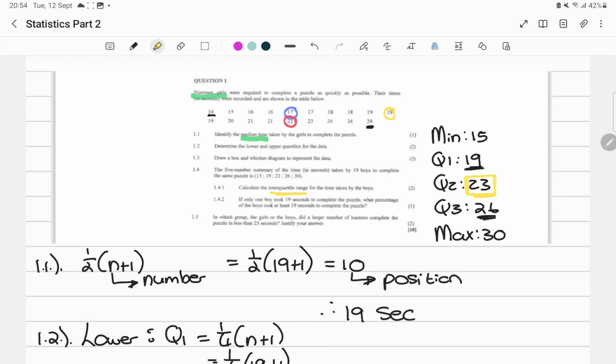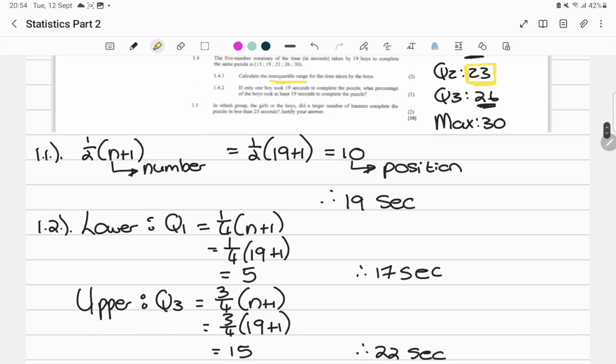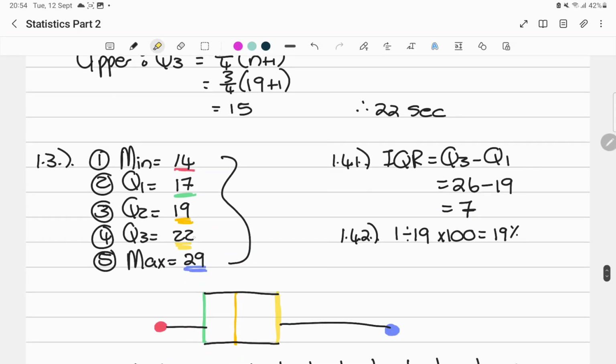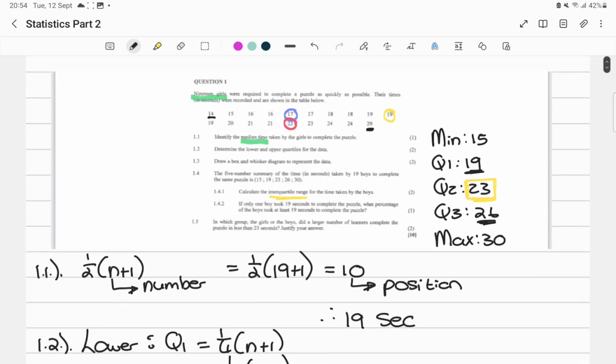So half of the learners finished it in 23 seconds, and with the girls, 3/4 of my learners finished it in 22 seconds. So obviously at 1.5 the girls finished it first, or more girls finished it in 23 seconds than the boys.